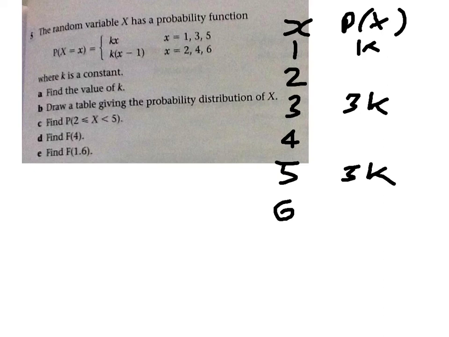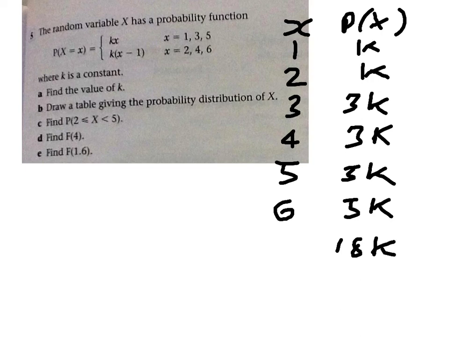So it's going to be 2 minus 1 times k, which gives me k for 2. For 4, it will be 4 minus 1, which is 3, giving me 3k. And for 6, it will be 6 minus 1, giving me 5k. So altogether we've got 9k, 5k and so on, which is 18k. Now the probabilities must come to 1, so k equals 1/18.